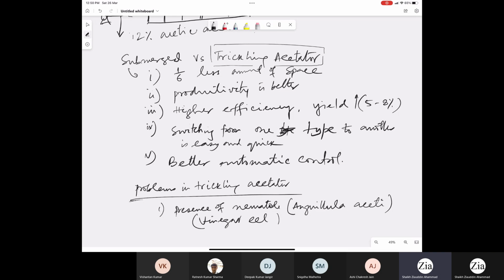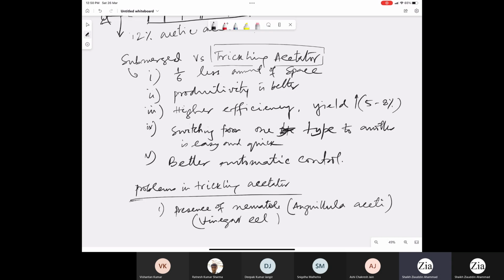And this vinegar eel will utilize the substrate, and they also eat some of the bacteria, and then they produce excreta that can also create problems with the quality of the vinegar. And after their death, the putrefaction of the dead organisms can also create problems of different kinds of bad odor. So if you get a foul smell, then definitely that will reduce the market value of the vinegar.